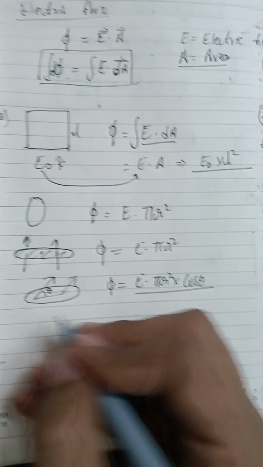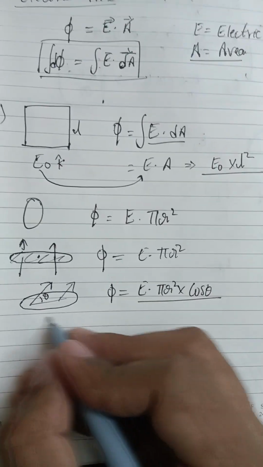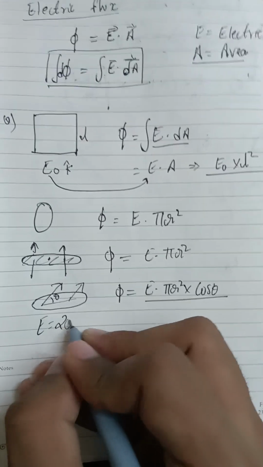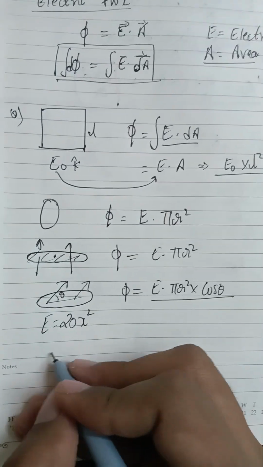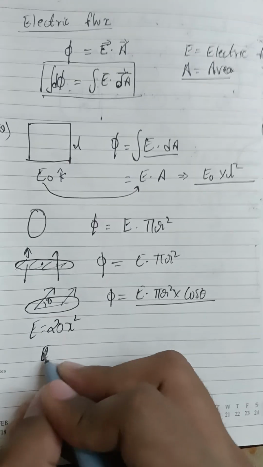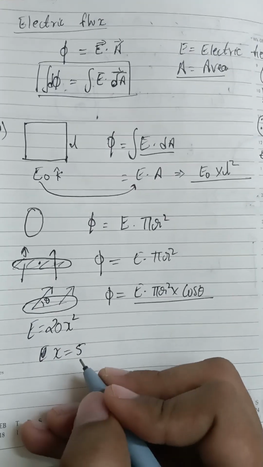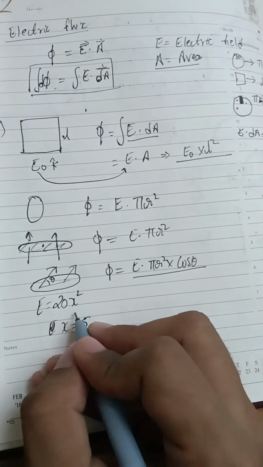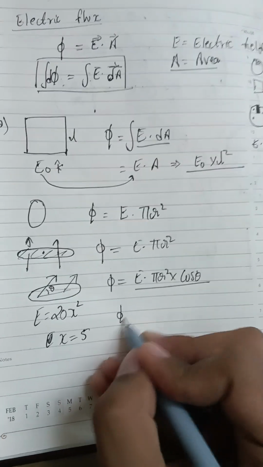Suppose I give the value of E here as 20x square, and I ask you to find the electric flux at x equals 5. Then what would you do for this? Because E is changing, it is integration.